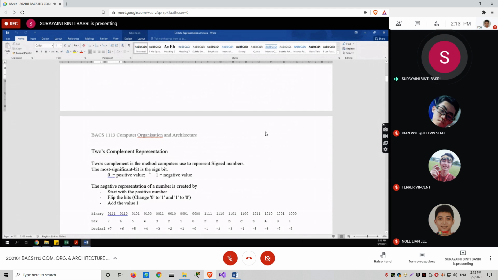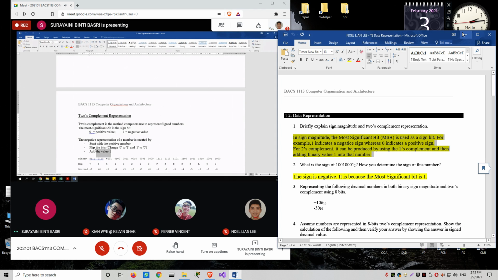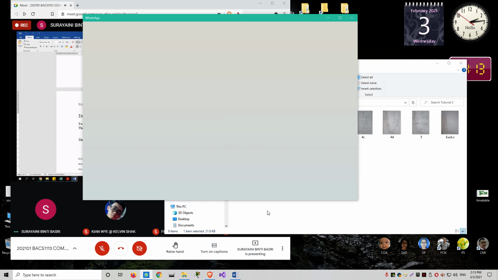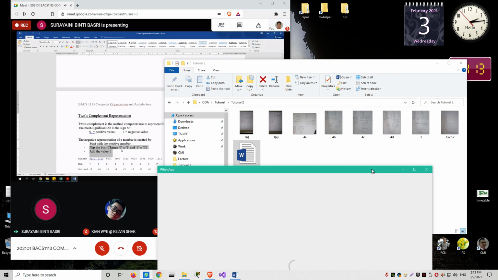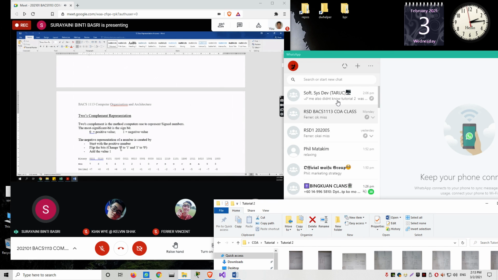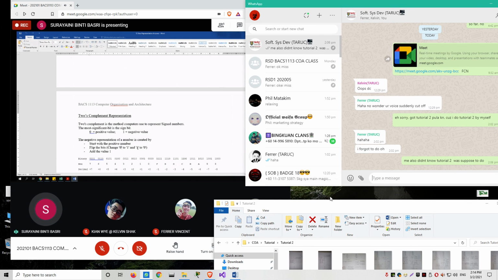It uses the same sign as the sign magnitude way, which is 0 for positive and 1 for negative, and it also uses the formula from the one's complement, which is that you need to invert the binary number to its opposite, for example change 0 to 1 and 1 to 0.